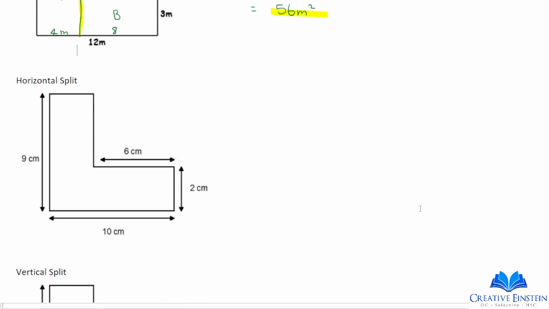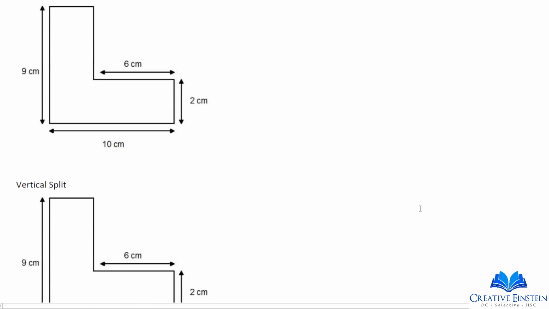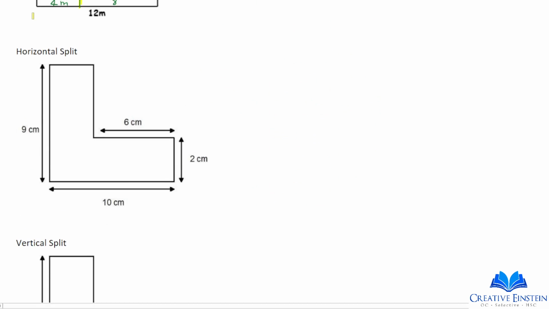Let's look at one more example. Okay, so we're looking at this shape. I'm going to do a horizontal split again this time. So I've got my shape A and B. I can see that shape B is 10 meters by 2 meters.